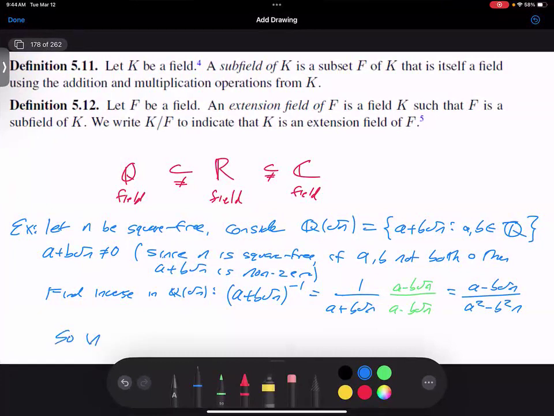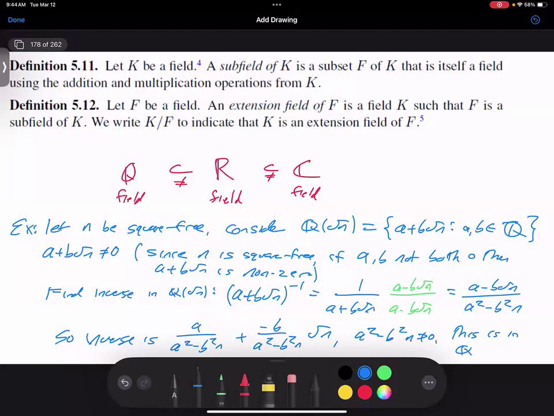So the inverse, I can write it as a over a squared minus b squared n, plus negative b over a squared minus b squared n, times the square root of n. A squared minus b squared n is not 0. This is in Q adjoin the square root of n. So we've just shown it does have an inverse.